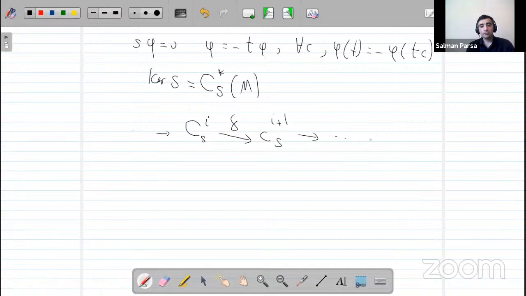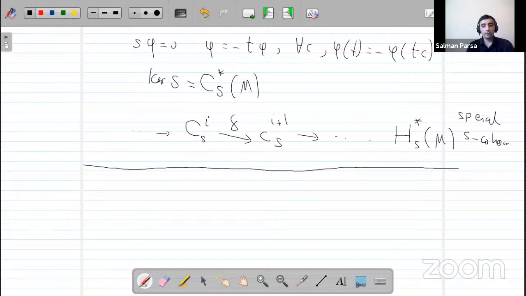And the cohomology that we obtain here we call spatial S cohomology. Okay.